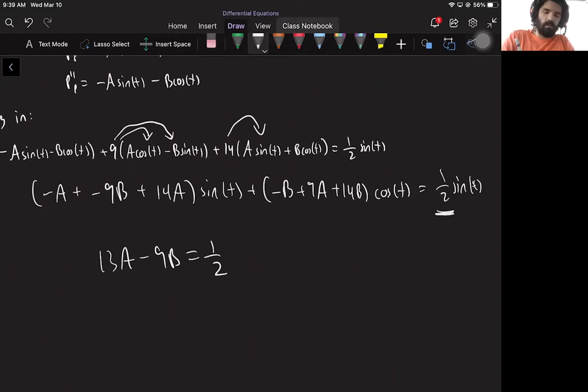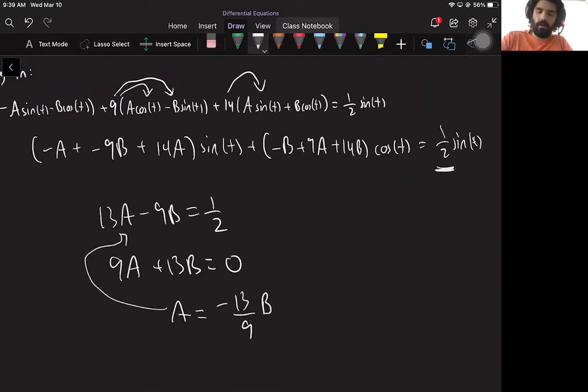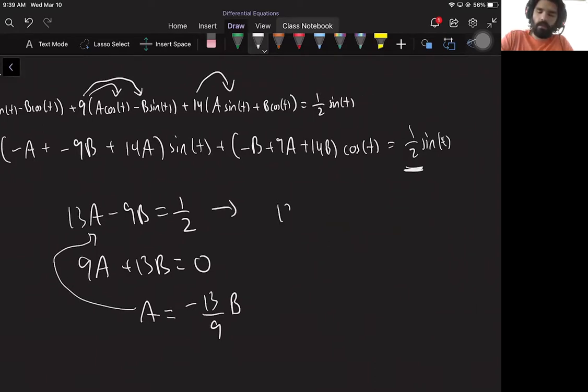And then there's 9 A's plus 13 B's that need to add up to 0 cosines. So here we can solve for A in terms of B and get this. And then we could plug that in there. So systems of equations take a while, but we can do it.